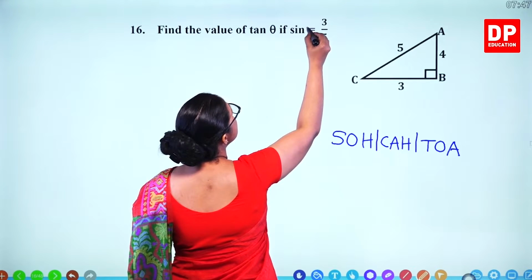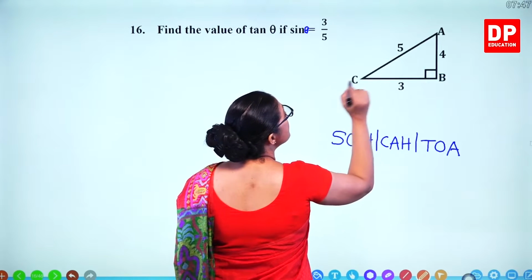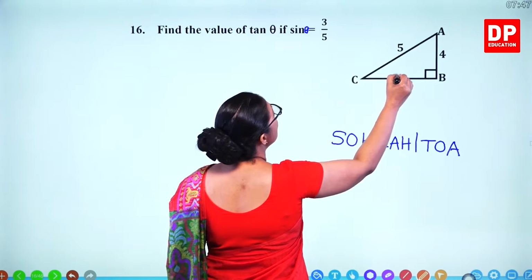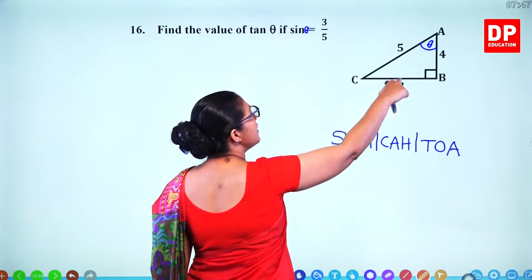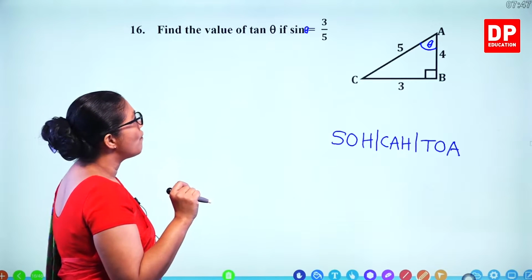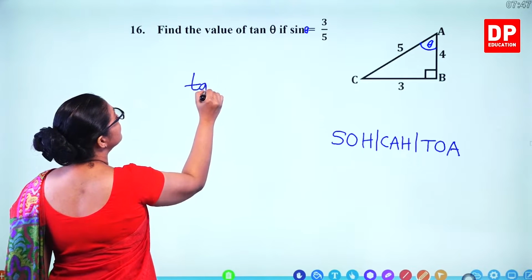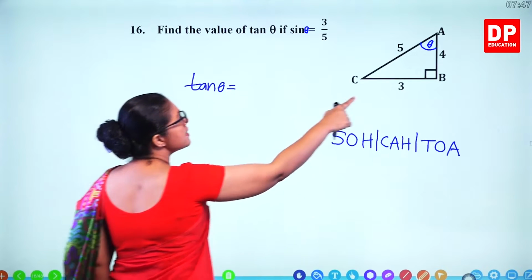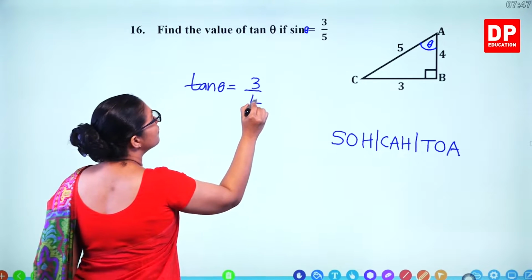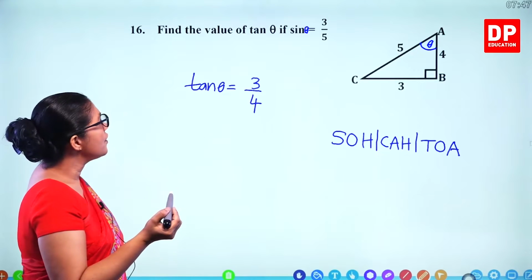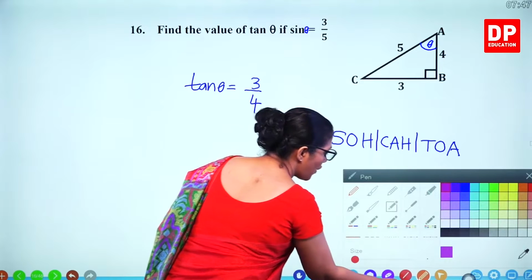This angle is theta, sine theta is 3 over 5. Opposite is 3. So sine theta is 3 over 5, what is tan theta? Opposite is 3, adjacent is 4. Then tan theta becomes 3 over 4. So you get 2 marks for that.